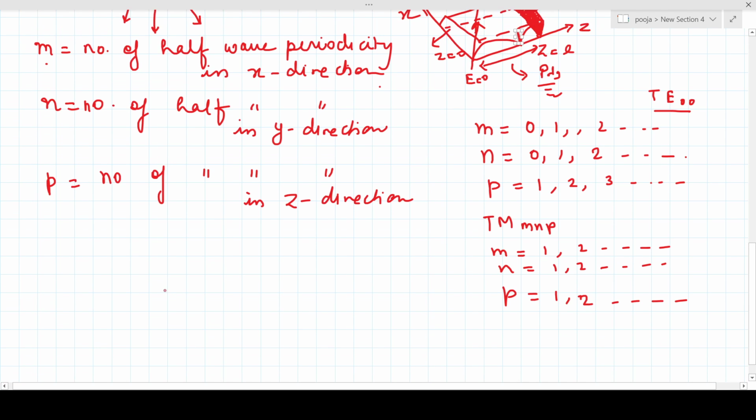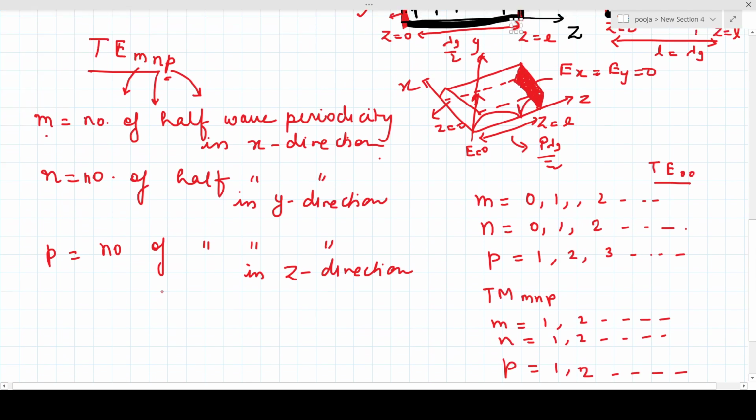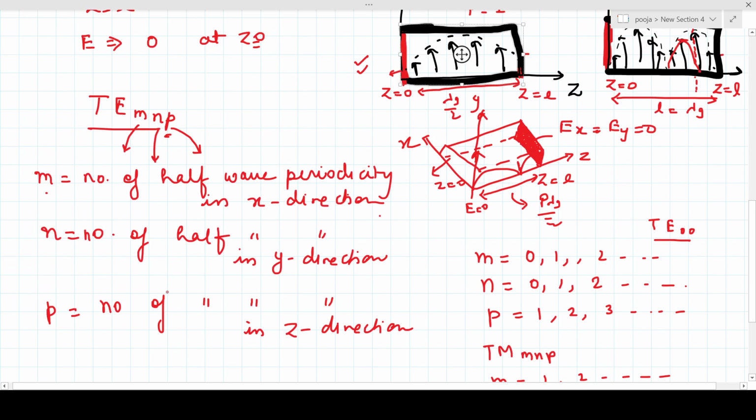Now see how these standing waves are formed here. Standing waves are formed when we have two oppositely directed traveling waves within the structure. How do these oppositely directed traveling waves appear within this structure? We send a wave traveling in the forward direction from z equal to 0, and it is reflected by the metallic plate.